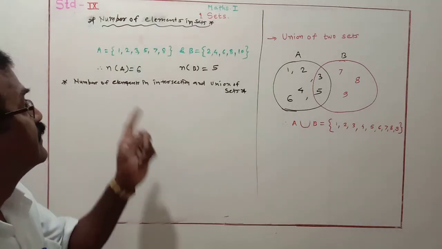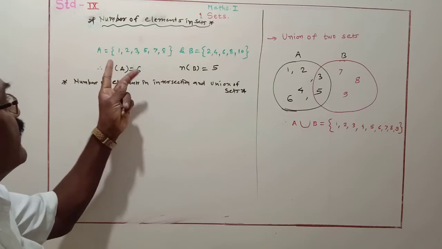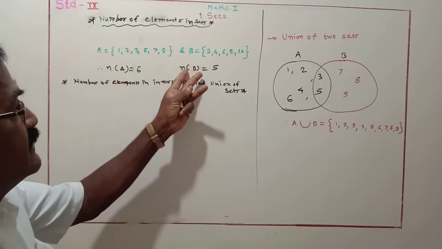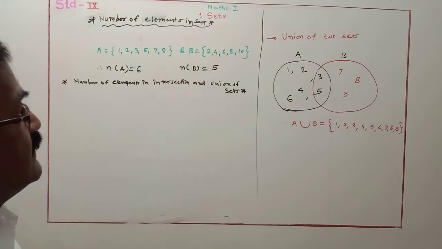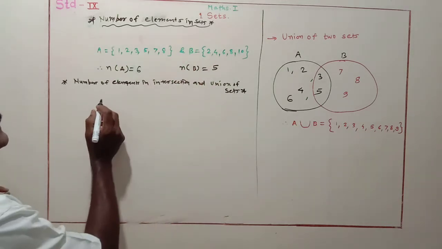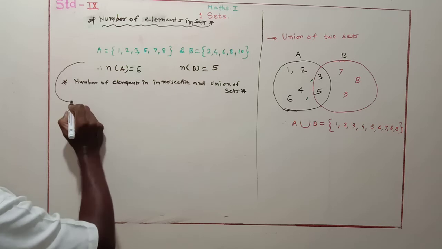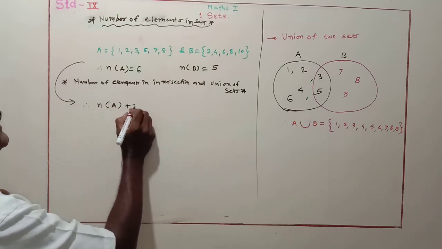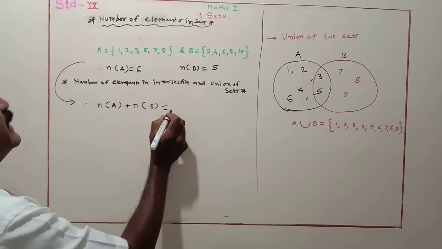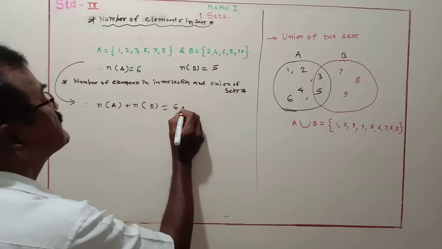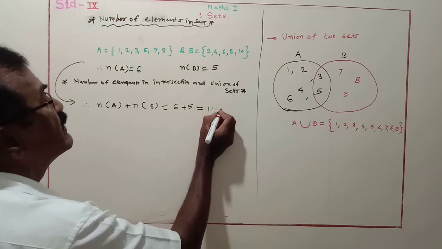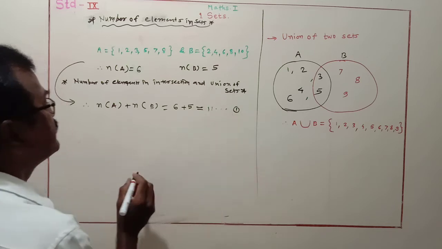Suppose there are 6 elements in A and 5 elements in set B. Therefore we write n of A plus n of B is equal to 6 plus 5 is equal to 11. This is first.